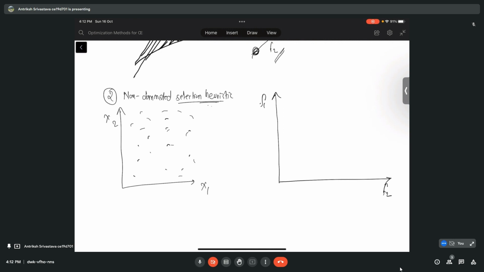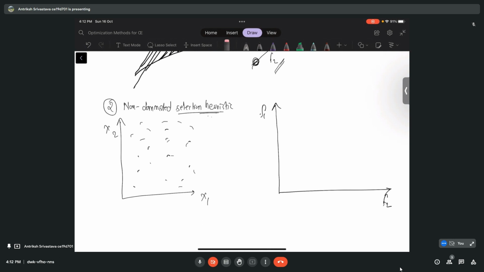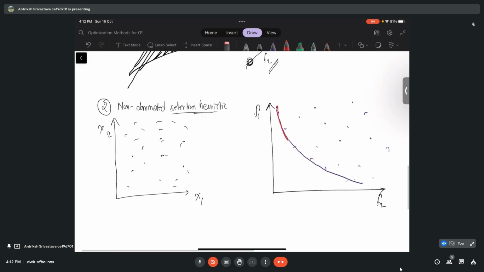So we perform this optimization, and then we get the value of some f1, some f2, and we plot it. So let's plot it here. It will be something like this, and this outermost line is called our Pareto optimal front.